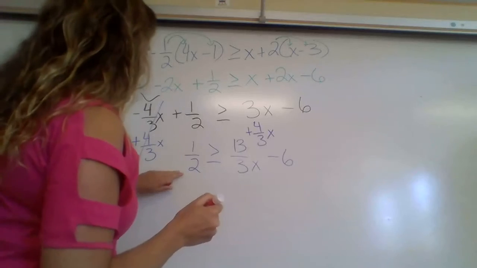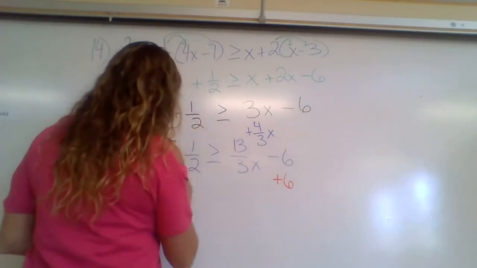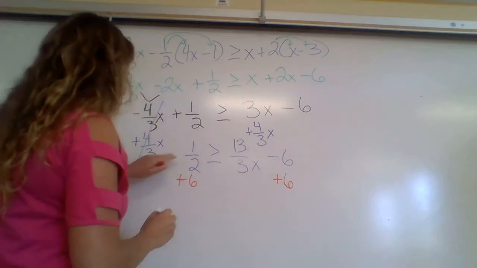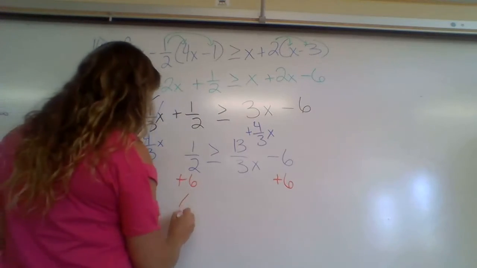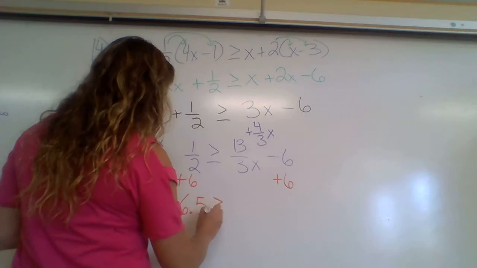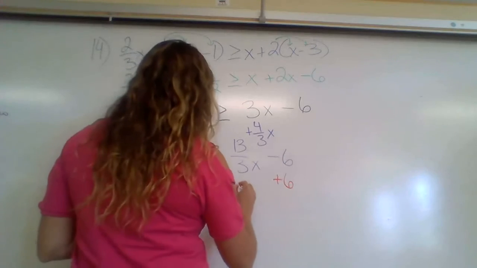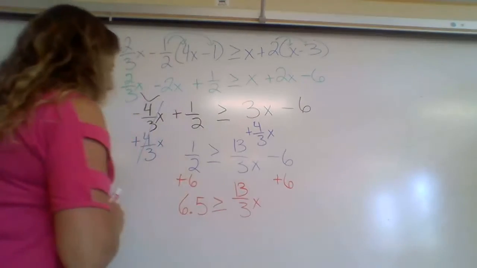So here we are. Now I'm going to move this over. Plus 6. So then 6 plus 1/2 is 6.5. Greater than or equal to 13 over 3x. Woo! Okay.